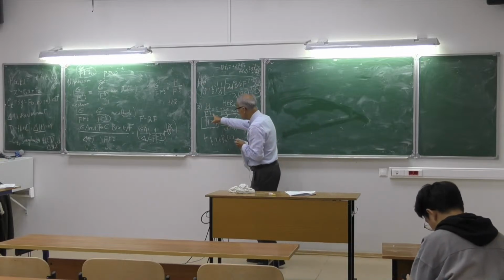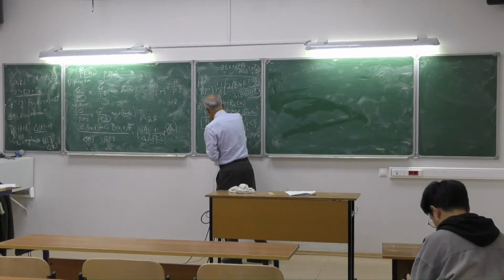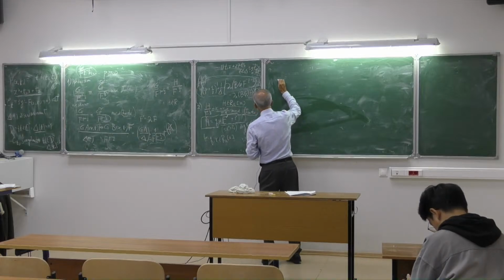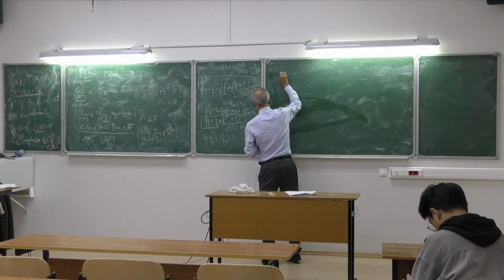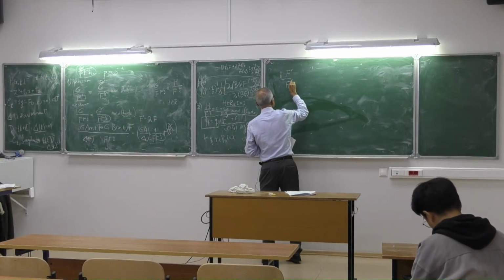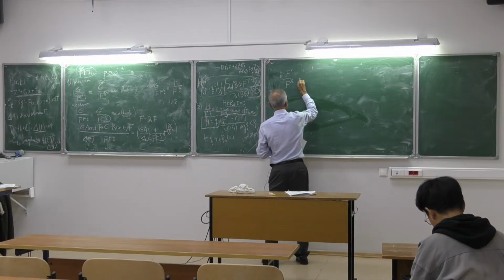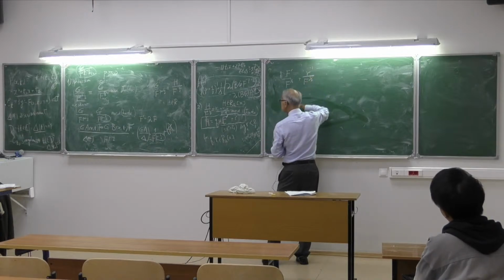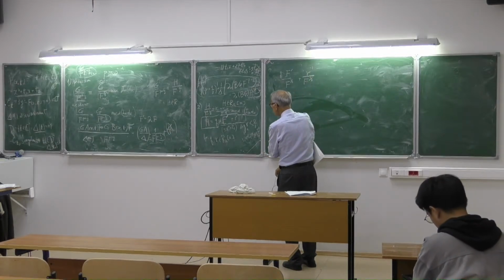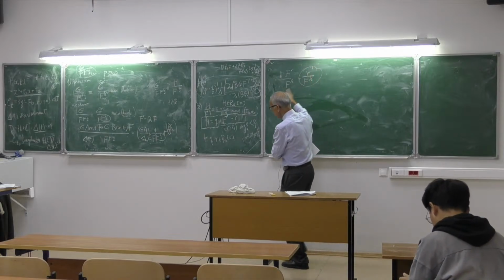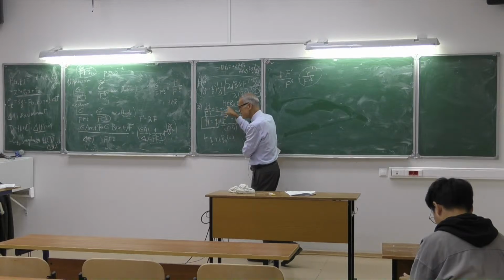To pass from this expression to this expression, I deform: q f prime over f to the power 1 over 2 plus r over f to the power 1 over 2. But this is already done. This is a part of this kind of expression, isn't it?